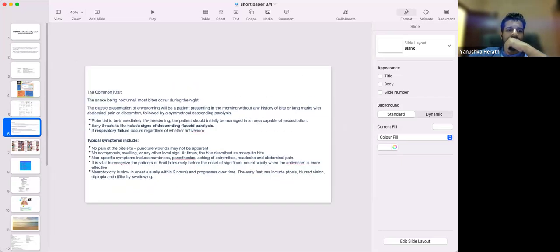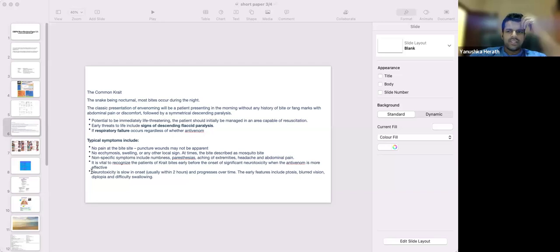Right. Then the next one is the krait bite. Krait causes AKI. Does it cause AKI? No, sir, it doesn't cause AKI.